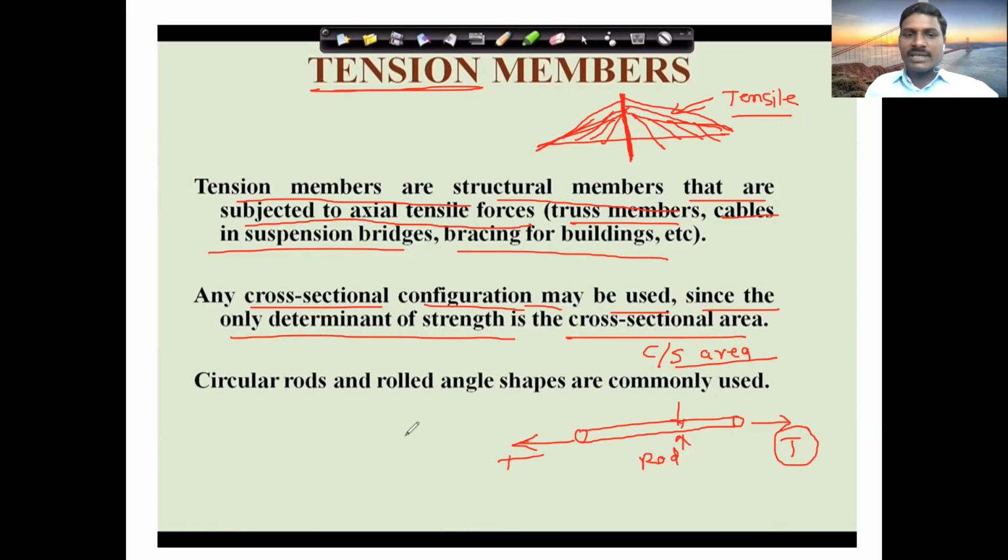If the cross-sectional area increases, your tensile strength increases. Cross-sectional area increases, your tensile load carrying capacity increases. So a tension member carries a tensile force, and the tensile force depends on the cross-sectional area. So the cross-sectional area is very important.